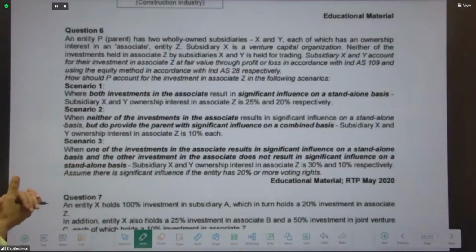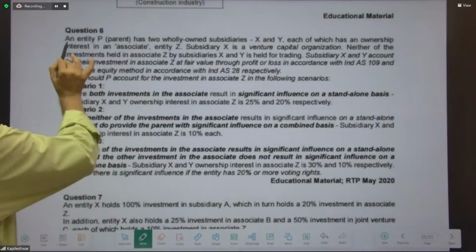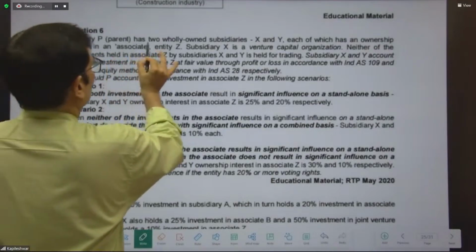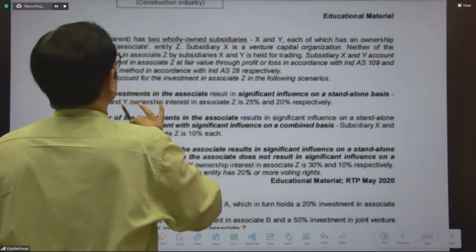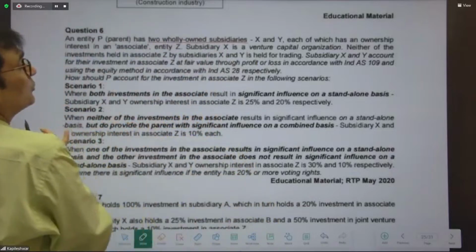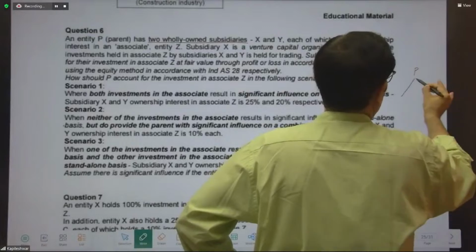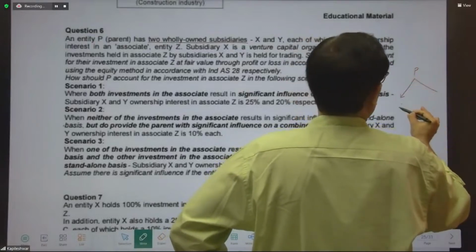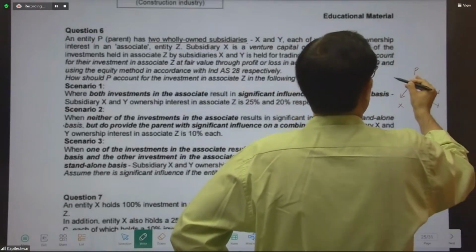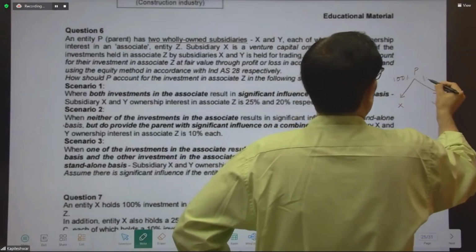Now, in terms of question number 6, it gives you the input. Entity P has got two wholly owned subsidiaries, X and Y. Let me start making a chart. P has got two wholly owned subsidiaries, that is X as well as Y. So this is 100% and this is 100%.